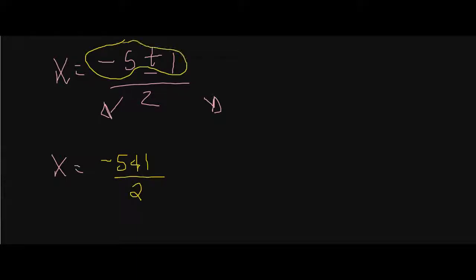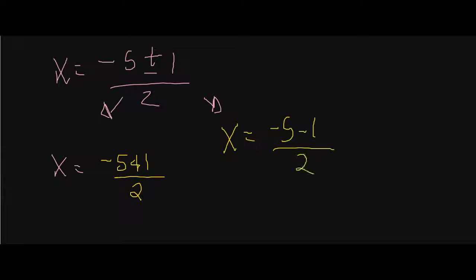Last but not least, let's break these up into two equations. We're going to get x is equal to negative 5 plus 1 all divided by 2, from this section here. And then x is equal to negative 5 minus 1, all divided by 2.